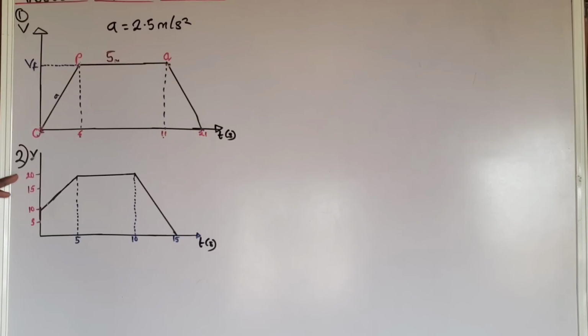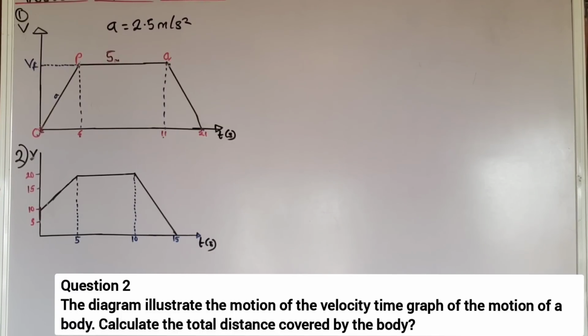Okay, let's look at question number 2. The diagram illustrates the velocity time graph of the motion of a body. We are asked to calculate the total distance covered by the body. Now look at this velocity time graph. On this velocity time graph, the total distance is the same thing as the area of the graph. Don't forget.